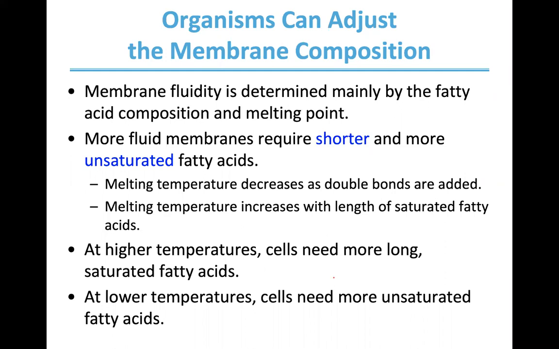The shorter the fatty acid, the weaker the intermolecular interaction and the more fluid the membranes are. And more unsaturated fatty acids, because of the kinks that are introduced into the structure, zigzag like this, and then like so, things will change, right?